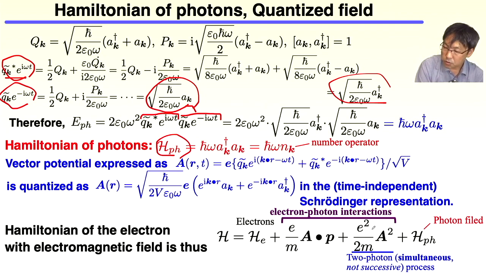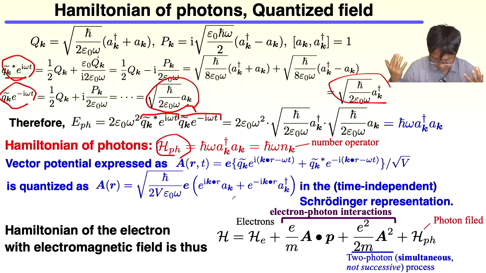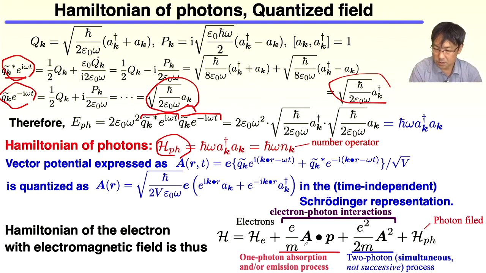The third term, proportional to A squared, represents a two photon process, because the quantized vector potential is expressed by the linear combination of A and A dagger. That means the square of A is represented by A dagger A, A A, and A dagger A dagger. So this is called the two photon process. And the second term stands for the one photon process.